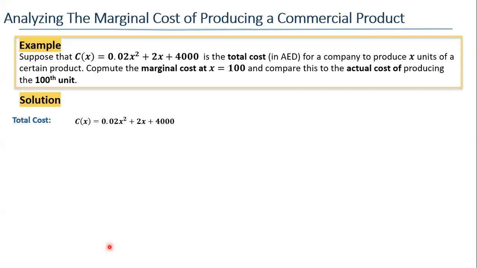C of x is given equal 0.02x squared plus 2x plus 4,000. To find the marginal cost function, it means the derivative of total cost.